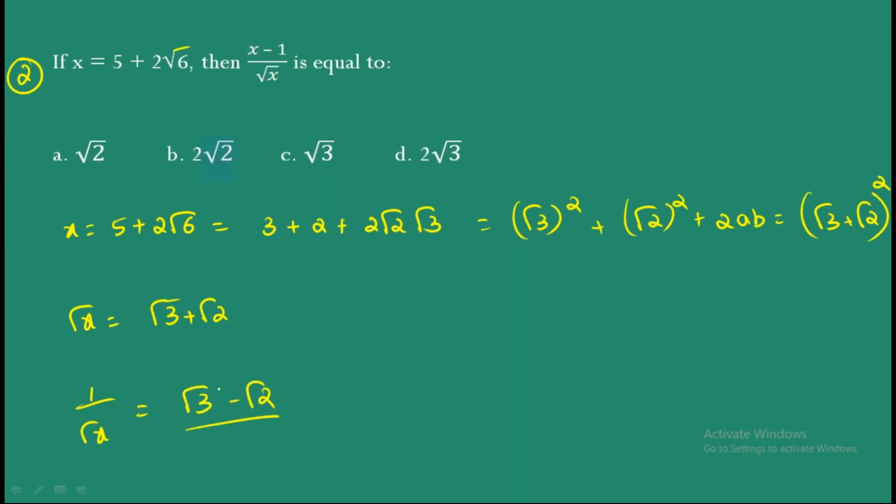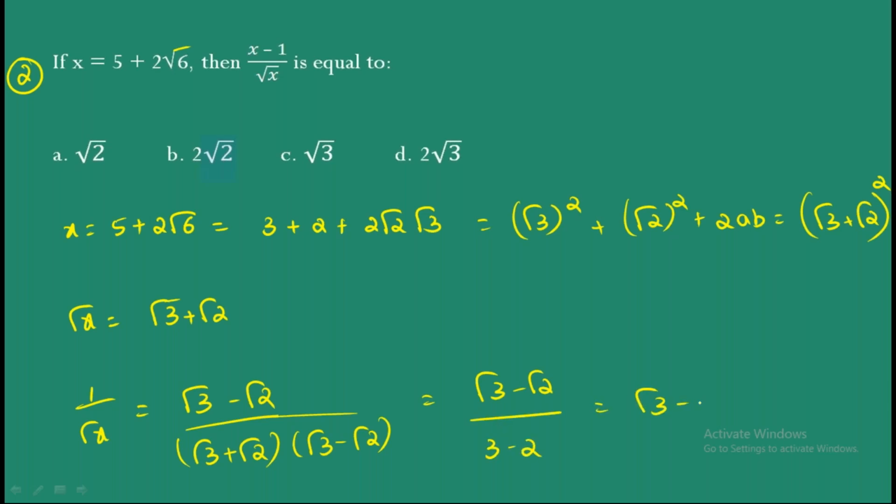We have to multiply with that rationalization factor root 3 minus root 2, and the denominator also we should multiply and divide with that. Numerator is root 3 minus root 2. Denominator will become 3 minus 2, which is 1. So altogether, 1 divided by root x is root 3 minus root 2. Root x is this, and 1 by root x is this.